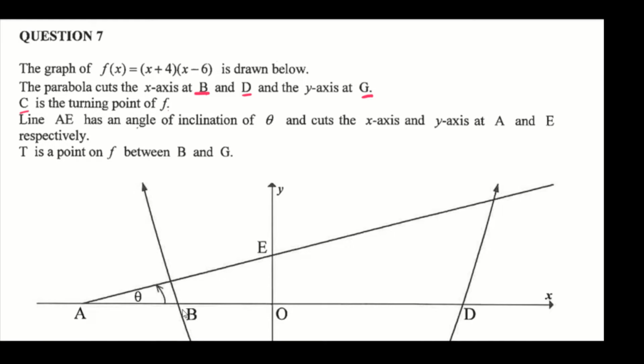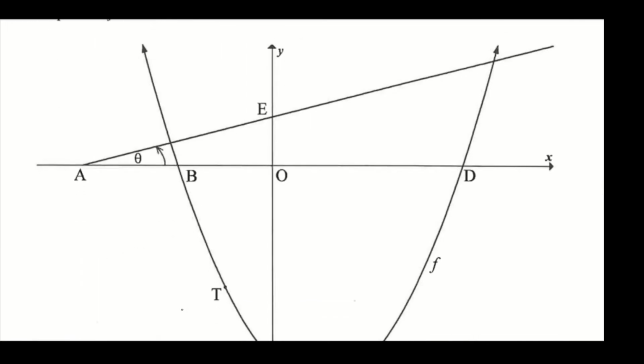Line AE has an angle of inclination of theta and cuts the x-axis and y-axis at A and E respectively. T is a point on f between B and G. So let's see all the points indicated in the statement. As you can see, this is the inclination angle and this is the line AE.